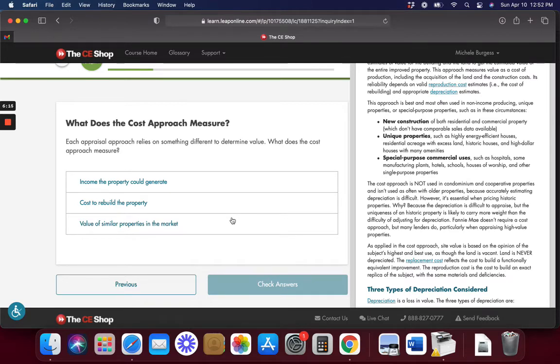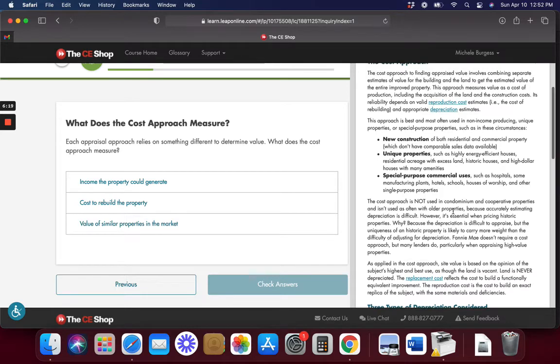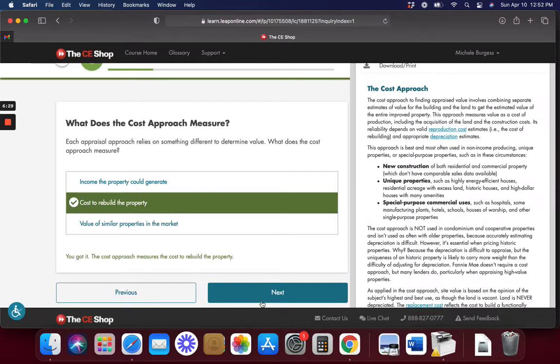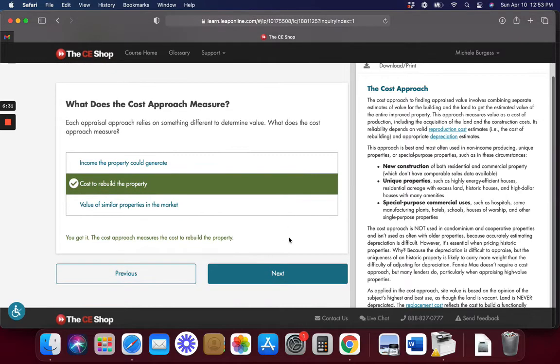I'm reading it here and it's not specific. It's all over the place. All right, let's just guess, see what happens. Cost to rebuild the property. Oh, wow, good guess. Okay, there you go. So if you need a screenshot, there's your screenshot.